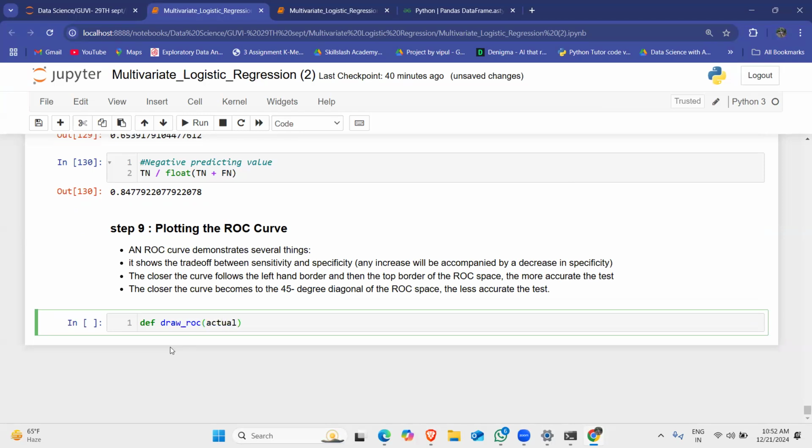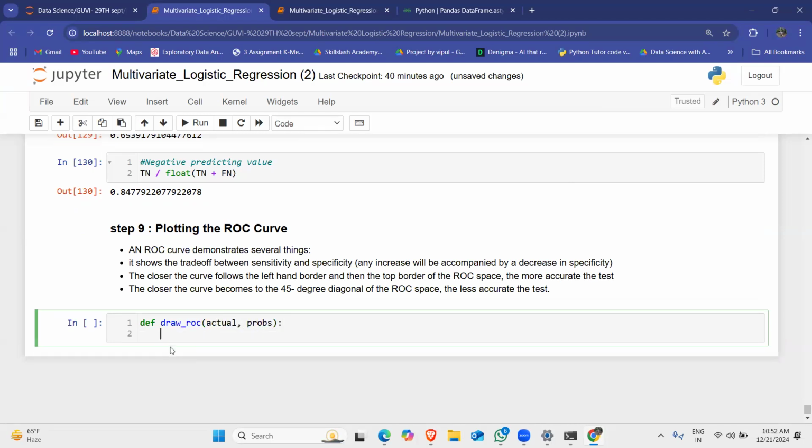In that, I'm going to pass actual, comma, probs. I'll write FPR, comma, true positive rate, comma, thresholds is equal to metrics dot roc underscore curve, actual, comma, probs, comma, drop underscore intermediate is equal to false.